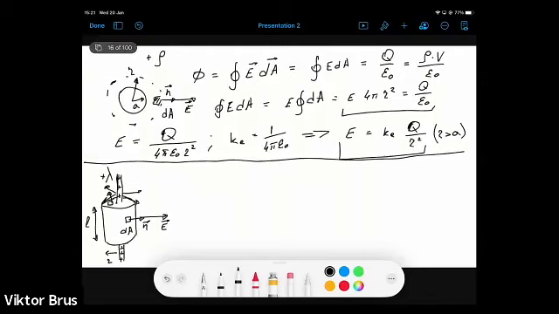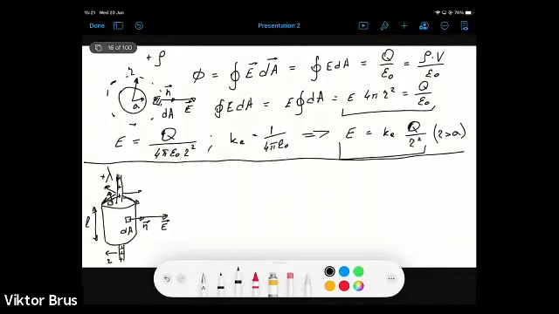In this case, the electric field flux through the two surfaces at the edges of this cylinder will be equal to 0. That's why it is very important to select the right symmetrical surface for a particular case, in order to make our life easier and perform calculations in the most simple way.